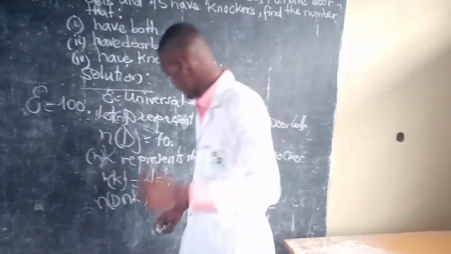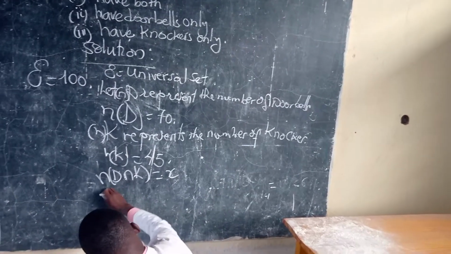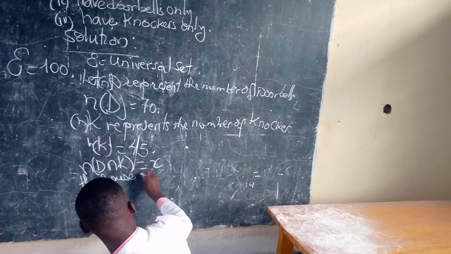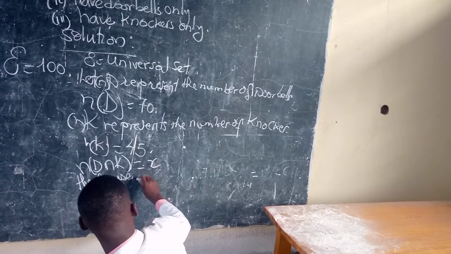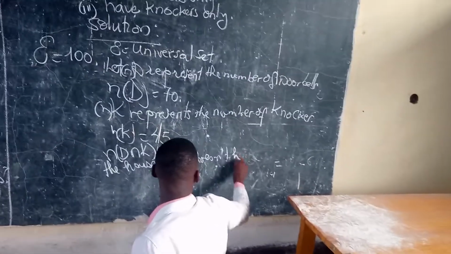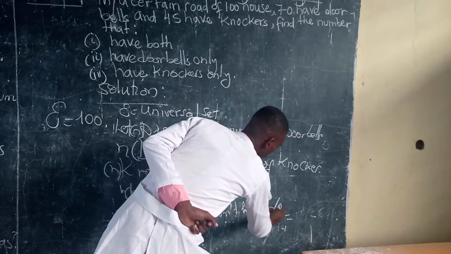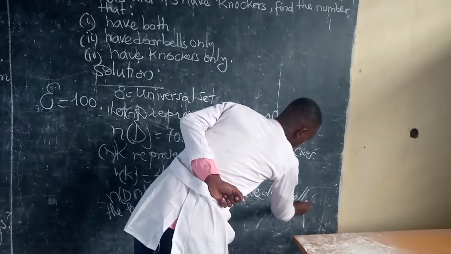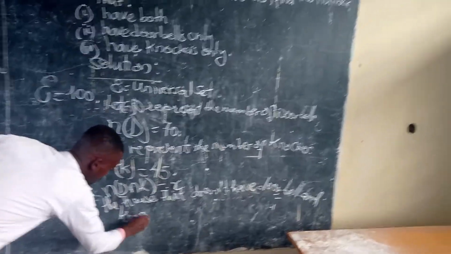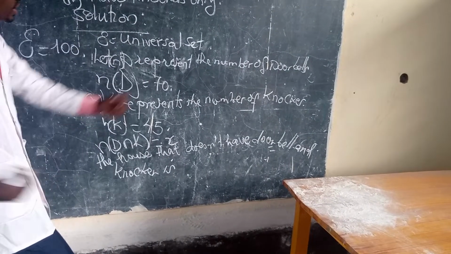Are we together? So now, I don't have also the neighbor. So the house that doesn't have doorbell and knockers is zero.